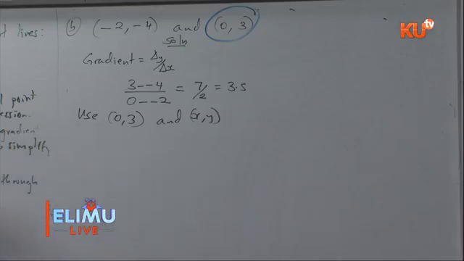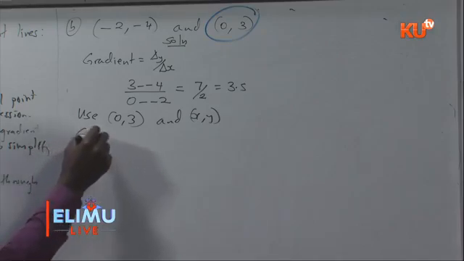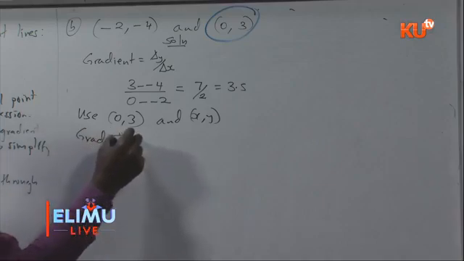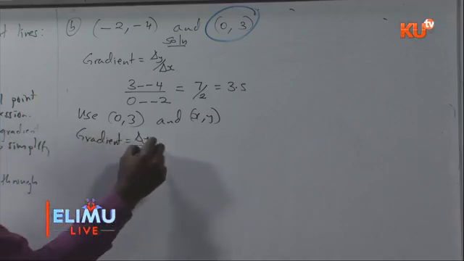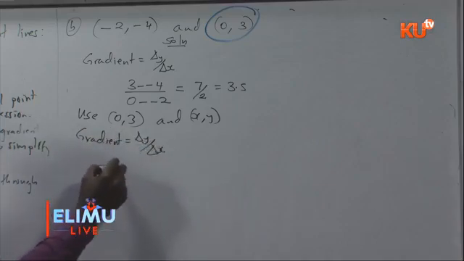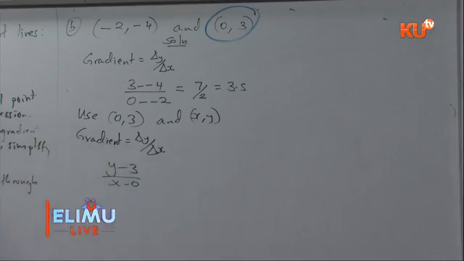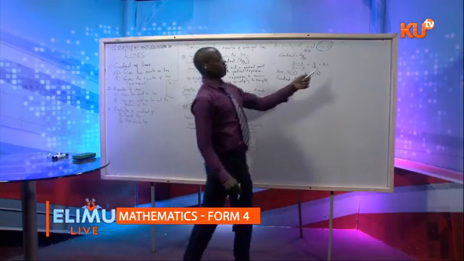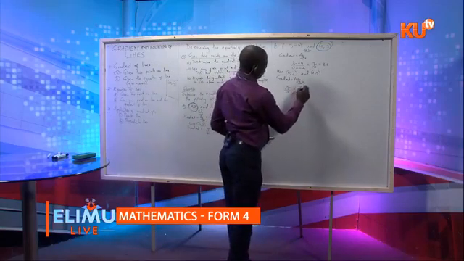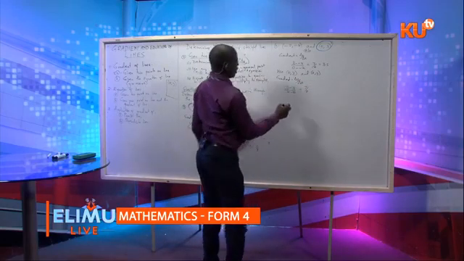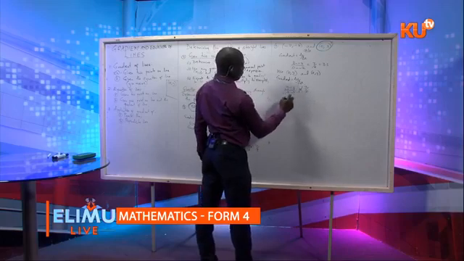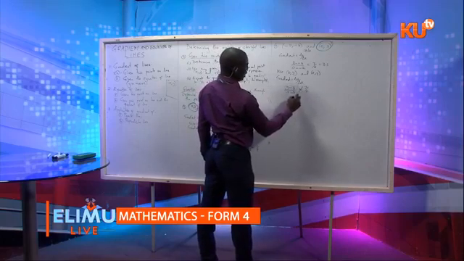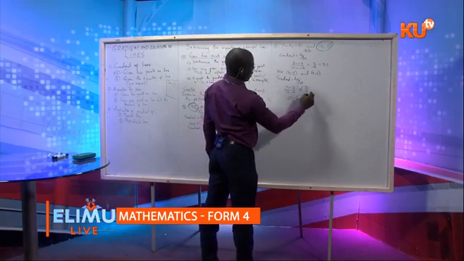With these 2 points again, gradient will be equal to the change in y over the change in x, which is y less 3 over x less 0. And because these points are still on the same straight line, then they will give us the same gradient, which is 3.5. So I'll use 7 over 2 and do the cross multiplication to have 2 into y less 3 is equal to 7 into x less 0.